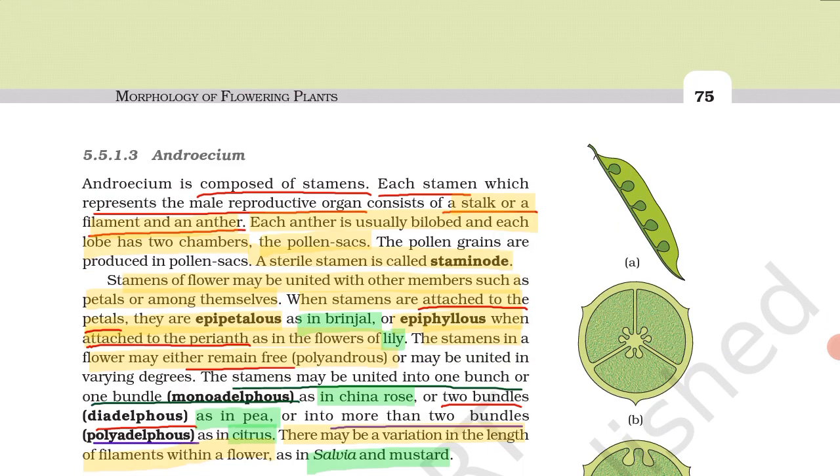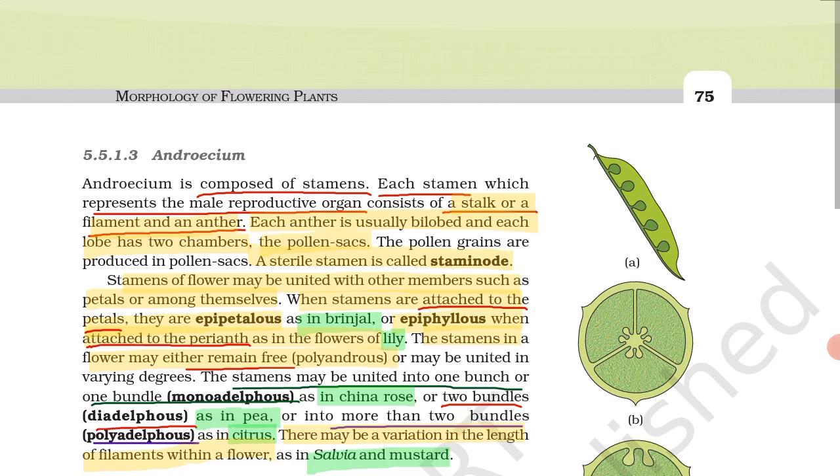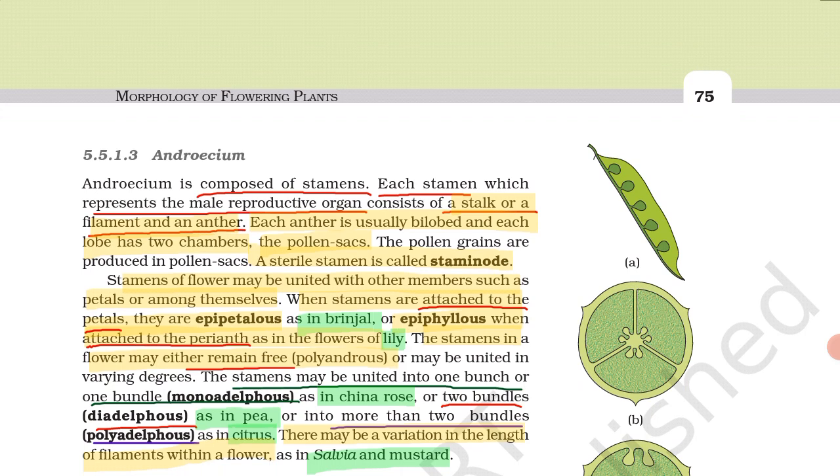So next, androecium. Androecium is composed of stamens. Each stamen, which represents the male reproductive organ, consists of a stalk or filament and an anther.